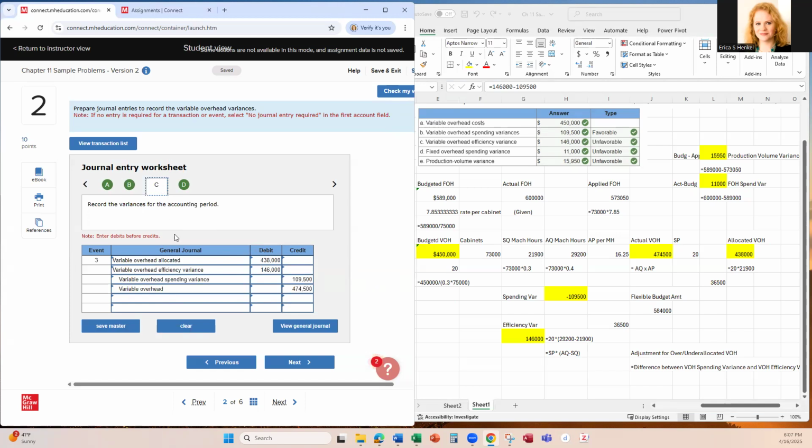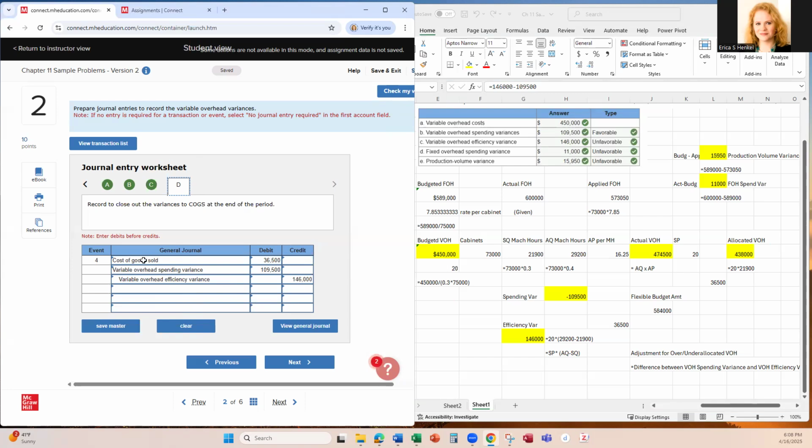But because we've got a difference between what we put into variable overhead and what was allocated, in this entry we reconcile that by recording those two variances. And then in the final one, at the end of the period, when we no longer need to know this period's variances anymore, we zero those out, and whatever the difference is washes into cost of goods sold.